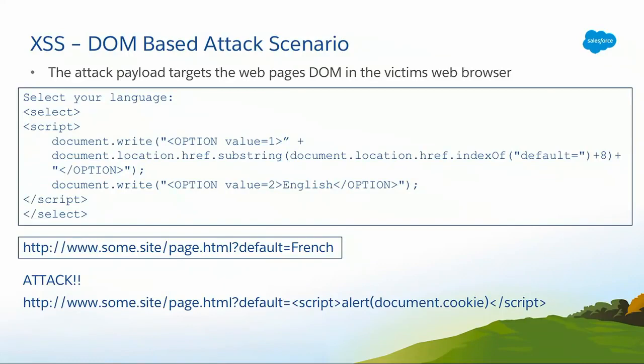And here we say, default is French, and we've got some code in here that is pulling off of document.location.href. It's pulling the value and incorporating it into the DOM. And the attack scenario here at the bottom is basically just swapping out the word French and inserting some JavaScript.